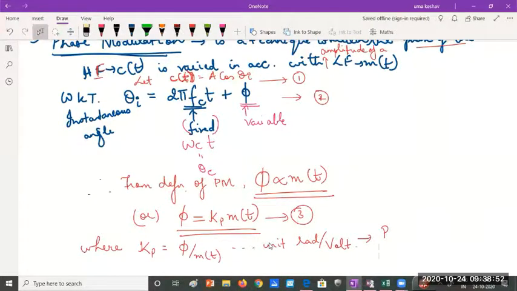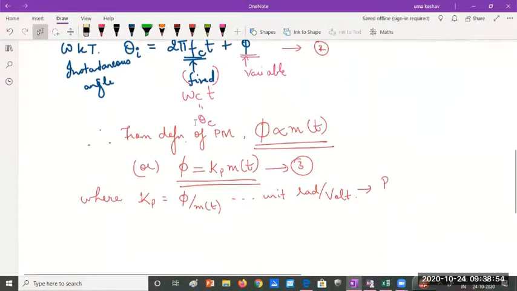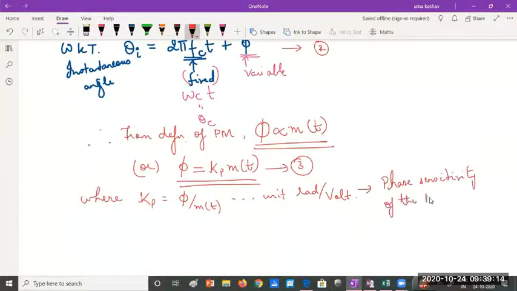So if we vary the amplitude of the message signal, which would be varied in volts, I'll be able to vary this phase angle phi. Is that clear? Hence, we call this term the phase sensitivity of the modulator.